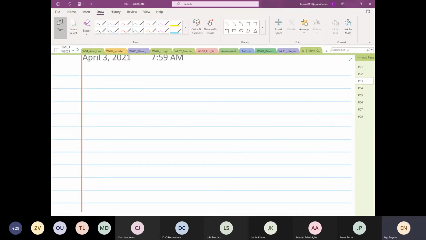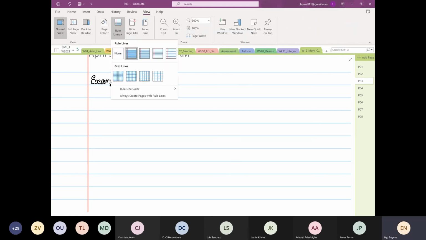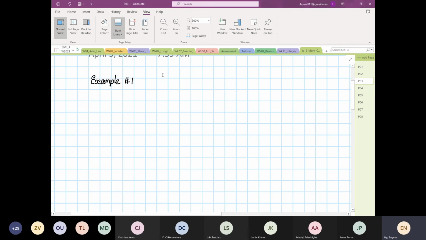So example number 1. I'm going to draw the element. Now we are going to combine both normal stress and shear stress. So this is our element.